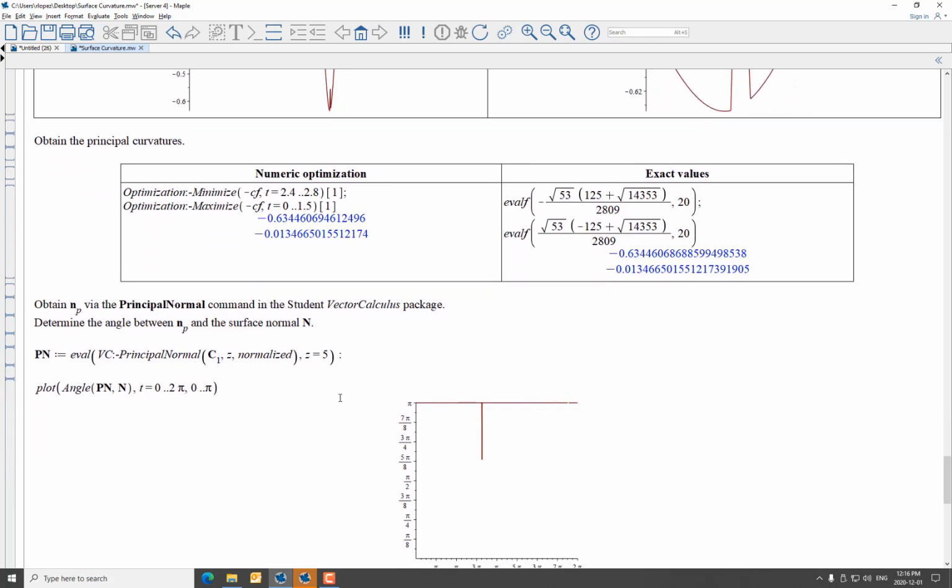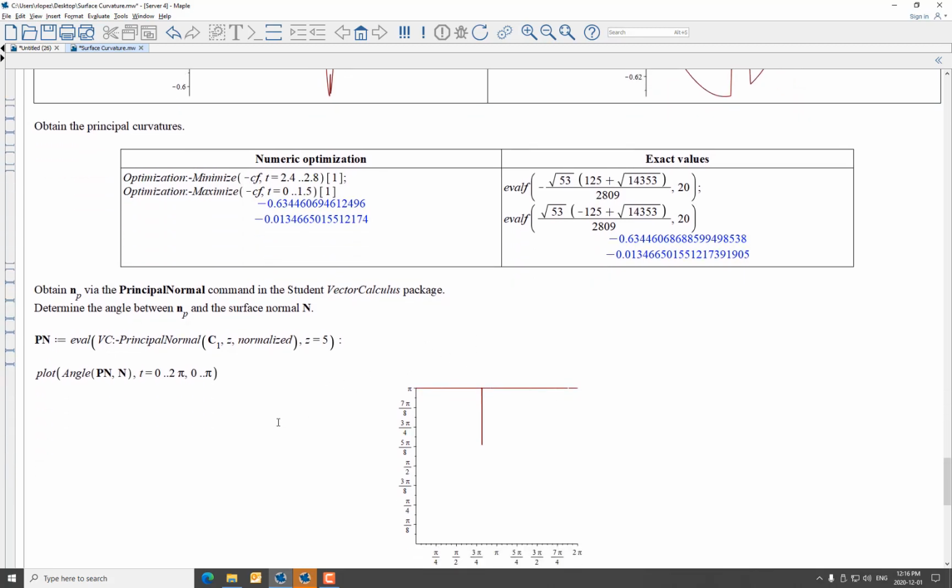For the moment, let's just see what else we can discover. So I got the principal normal, and here I use the vector calculus command for getting the principal normal. And by putting normalized here, it comes out to be a unit. And I looked for the angle between the principal normal and the surface normal.